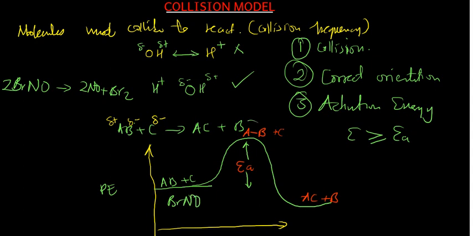Now at the maximum here, before it forms products, the bond has to be broken, and so on the maximum we're going to have what is called the activated complex, or the transition state, the point at which transition is happening. And so we're going to have the bond O N, because this is one compound here, and then bonded to Br.